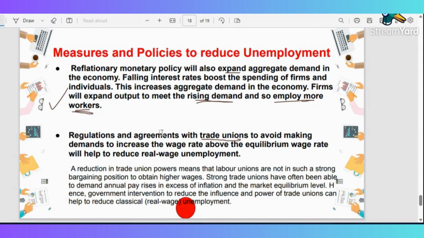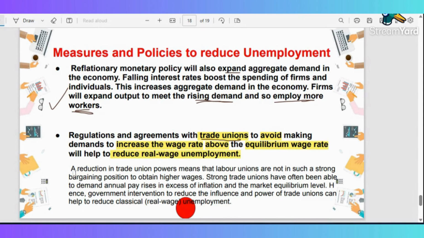So regulations and agreements with the trade unions, right, to avoid, keywords here, avoid making demands to increase the wage rate above the equilibrium wage rate. And this will help to reduce real wage unemployment.